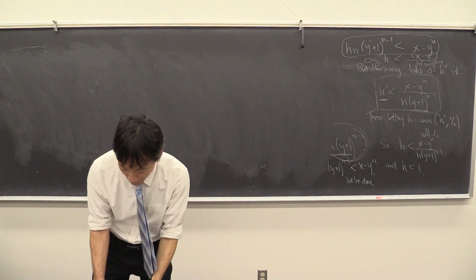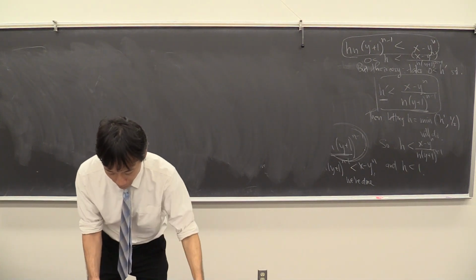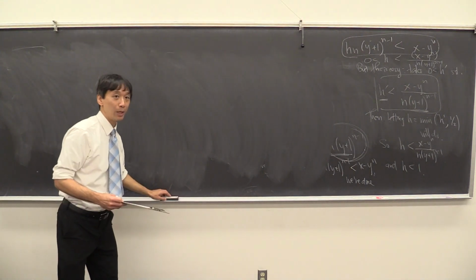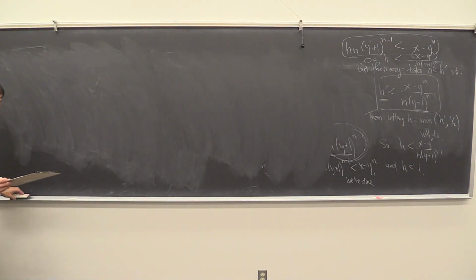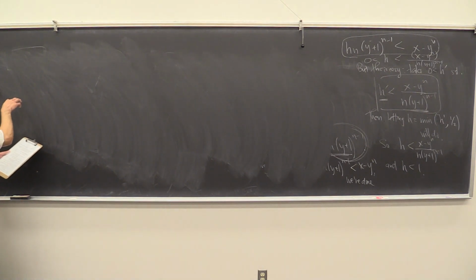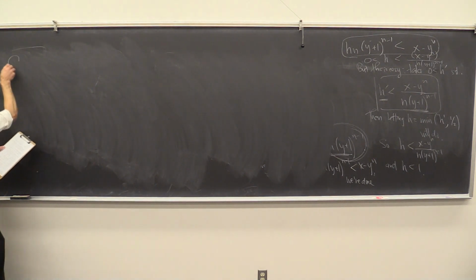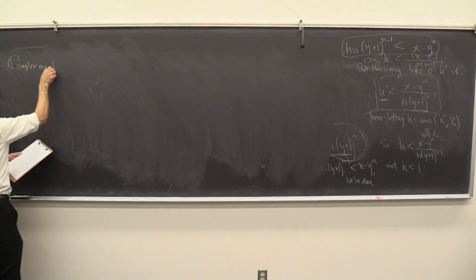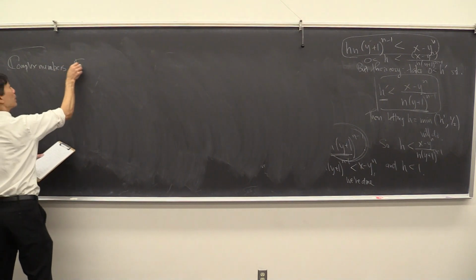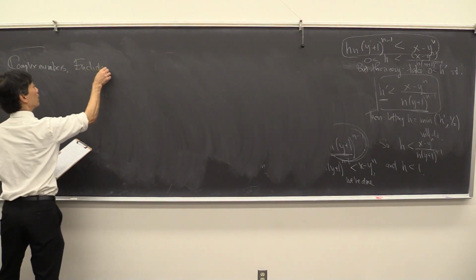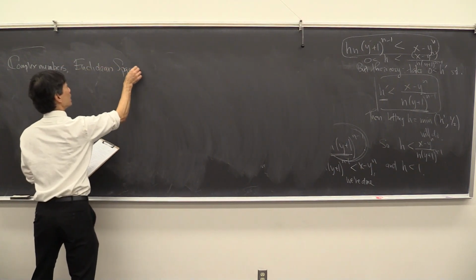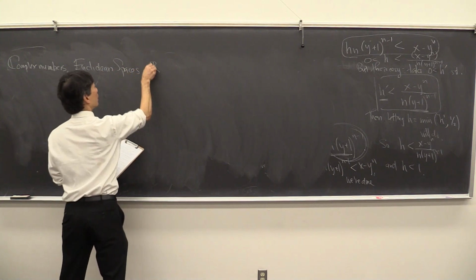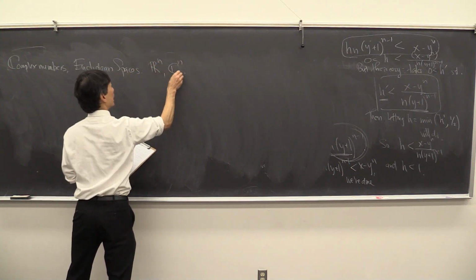Okay, so that's all we want to say about the real numbers. The last part of the section is talking about the complex numbers, and it's also talking about so-called Euclidean spaces. These are things like R^n or C^n.